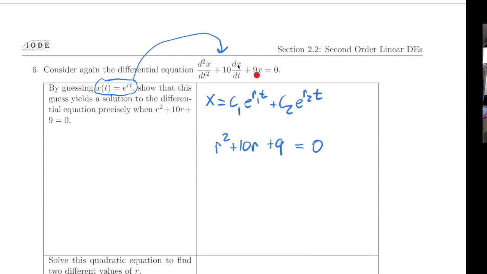And the coefficient in front of the constant, or the zeroth derivative, becomes the constant term in the quadratic. So this works in general: if we had a differential equation that looks like this, then the corresponding quadratic equation is ar squared plus br plus c equals 0.